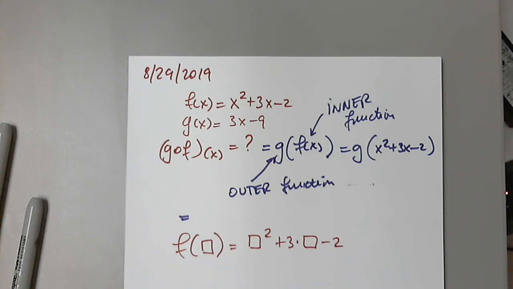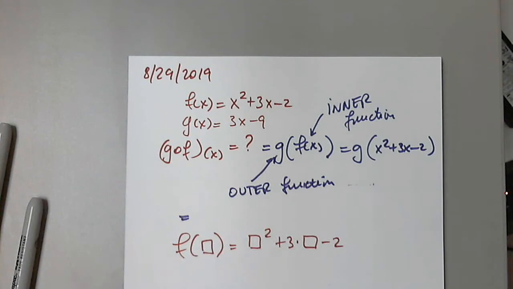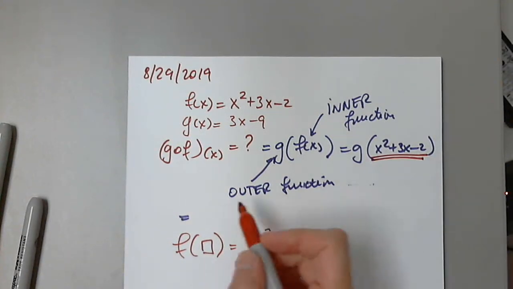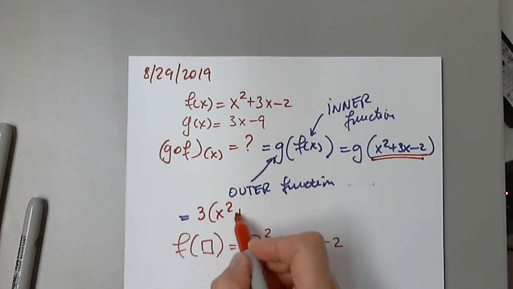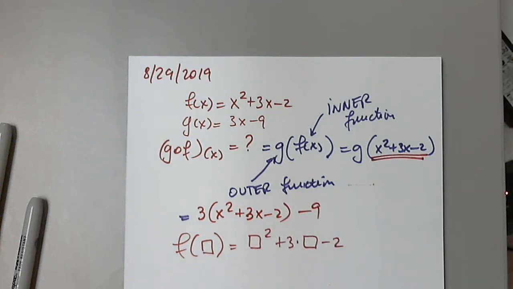If this is x plus h, then this is x plus h, and that is x plus h. The same thing with g. I see g says 3 times whatever minus 9, but this is my whatever now. So 3 times whatever minus 9. I look at g, and g says, one more time, 3 times whatever you want minus 9.